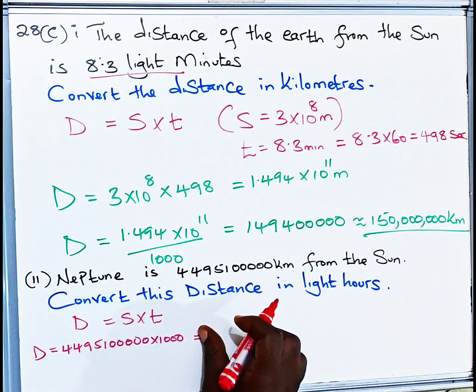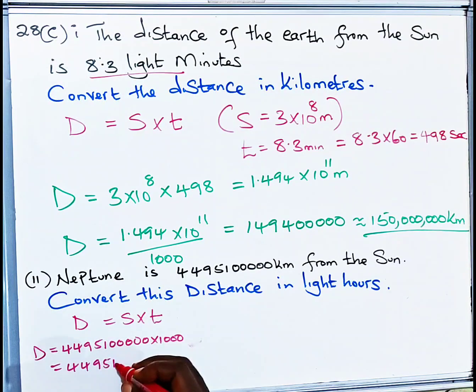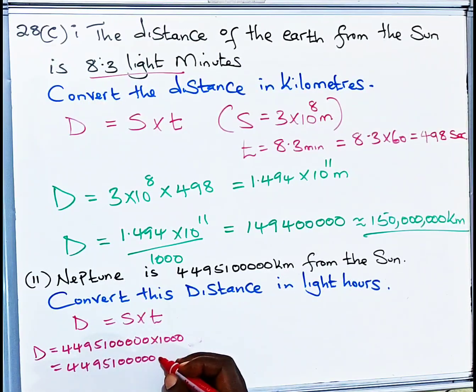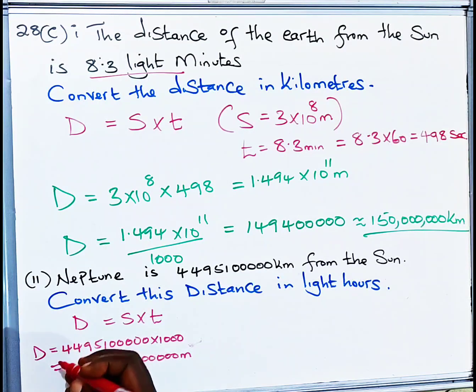So this will give us 44951, then 0, then additional 3 zeros, meters. Then what else do we know? We know the speed.